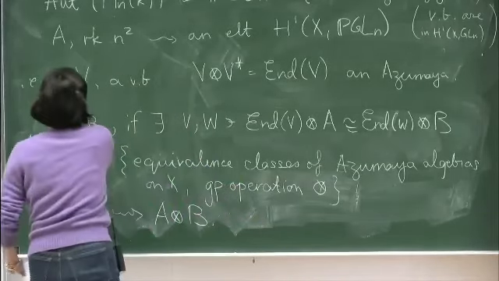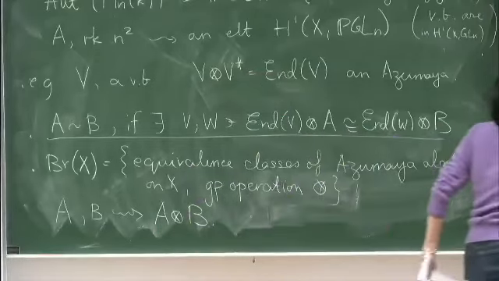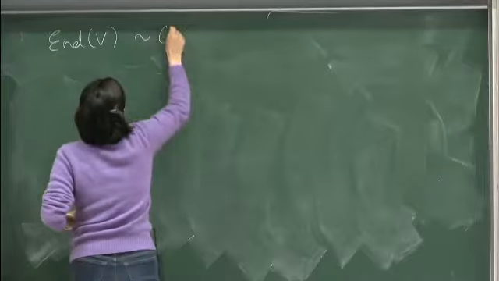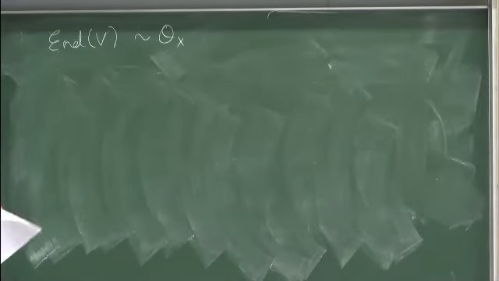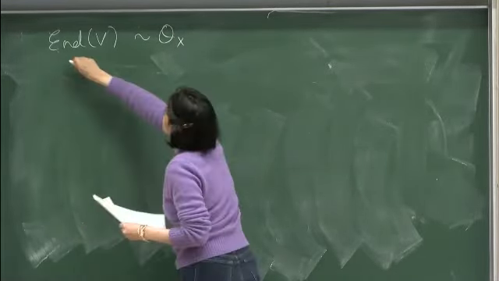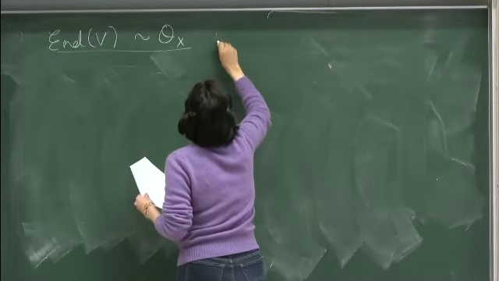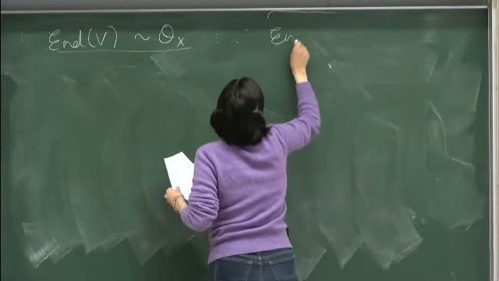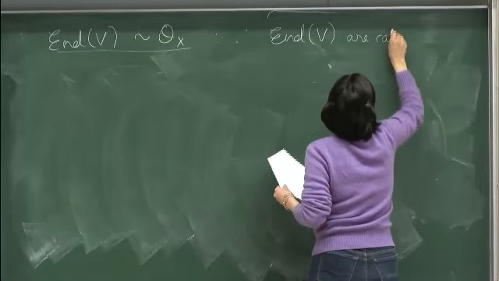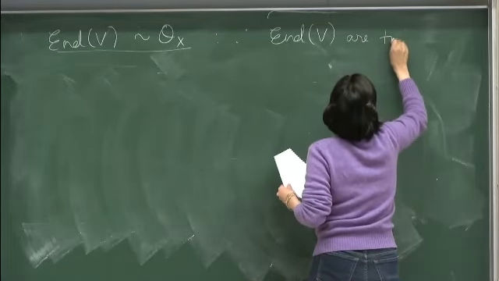And with this equivalence relation, note that End(V) is equivalent to the structure sheaf, the trivial bundle. That's why we call these trivial, and all Azumaya algebras of this type are trivial.